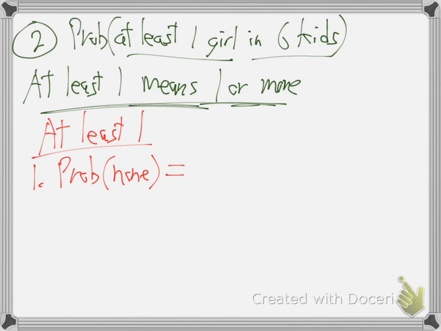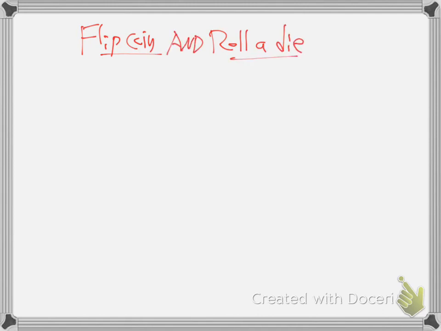Didn't we talk last time about and or? Let me review that for you real quick. What if I say I'm going to flip a coin and then I'm going to roll a die, and let me put "and" in between.